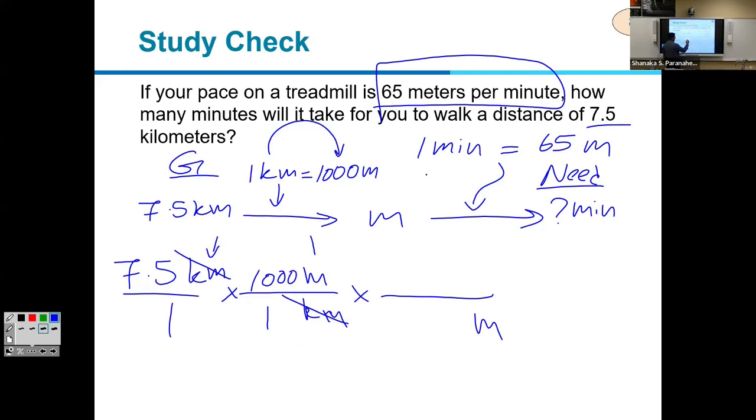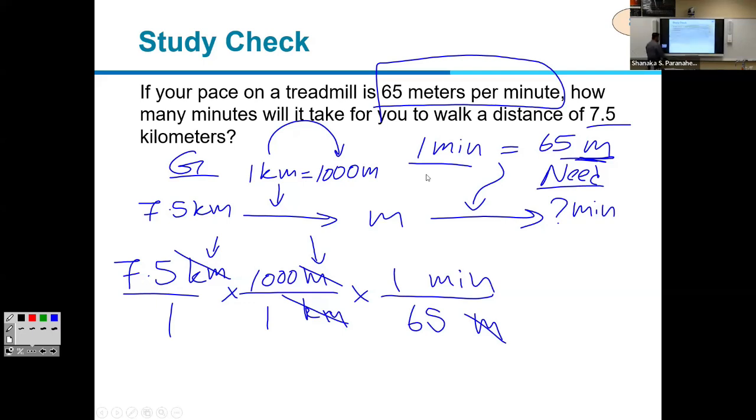Meter should be in the denominator, because the existing unit is meter, so we must have the same unit in the denominator. Value of meter is 65, time is 1. Now we converted kilometers into time in minutes. So it's 7.5 times 1000 divided by 65.